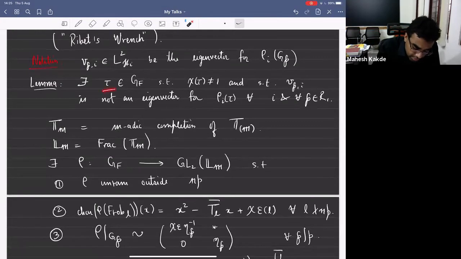So the next lemma: you have to show that there exists an element tau in G_F for which chi of tau is not 1. Something non-trivial.